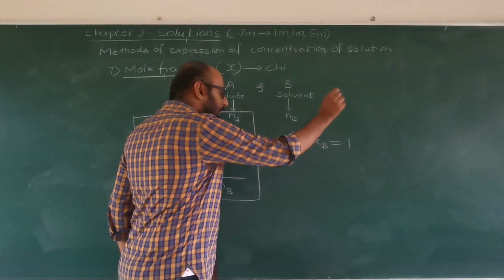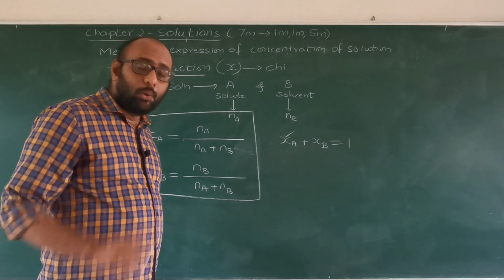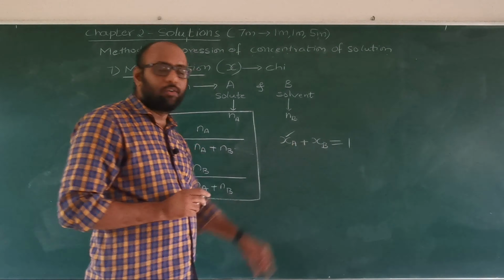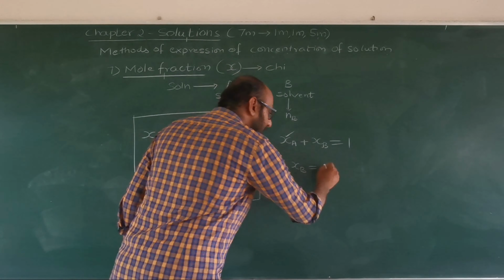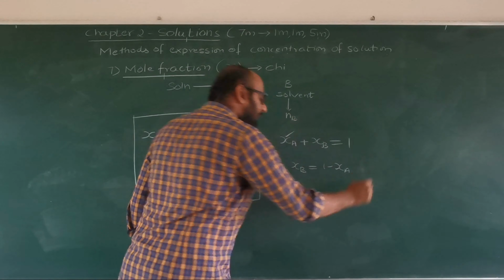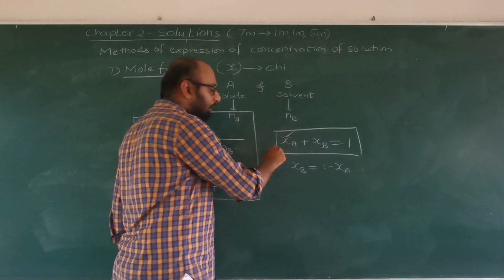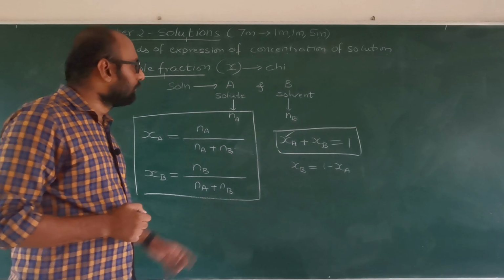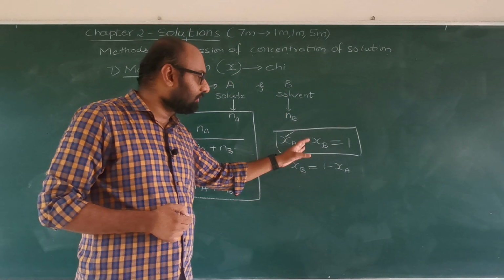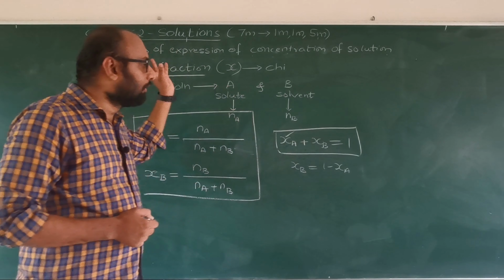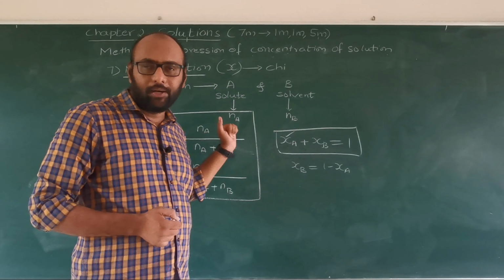Suppose you are given mole fraction of A and you have to calculate mole fraction of B. It is very simple. Mole fraction of B will be equal to 1 minus mole fraction of A. So you have to remember this very important, very simple fact: the sum of mole fractions of all the components will be equal to unity.